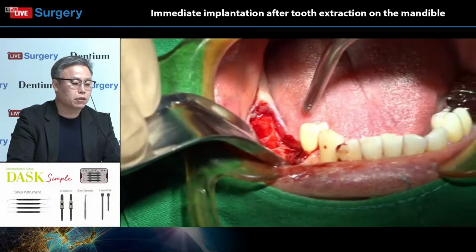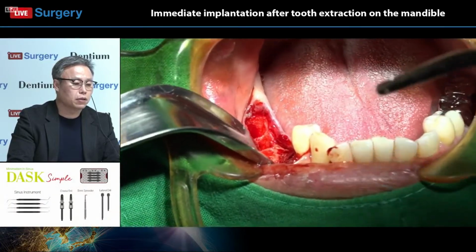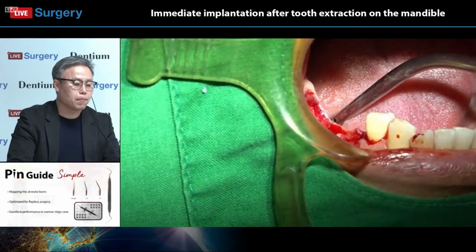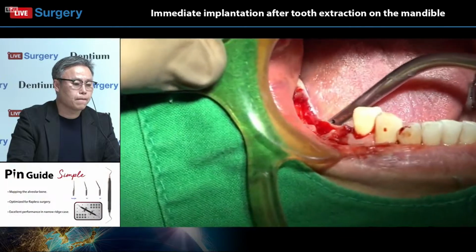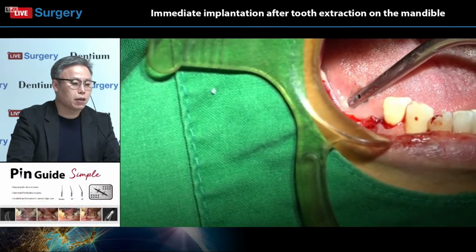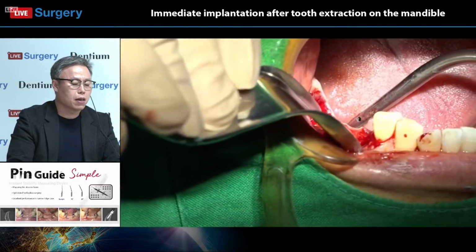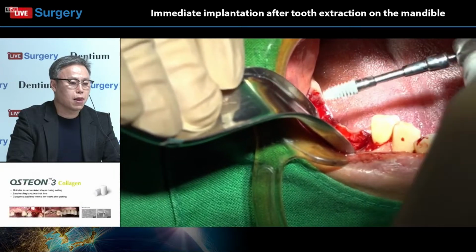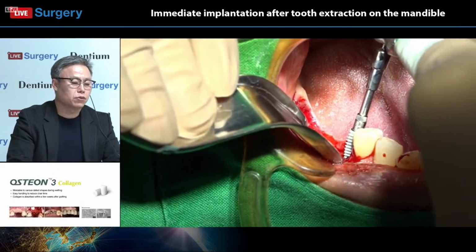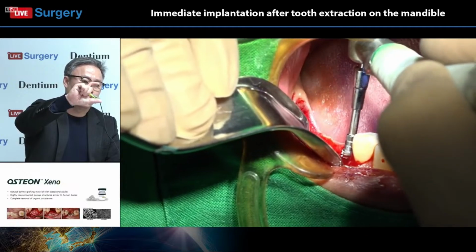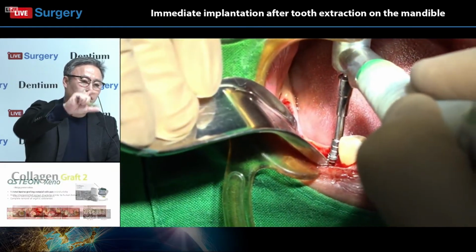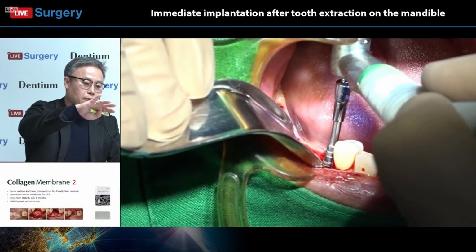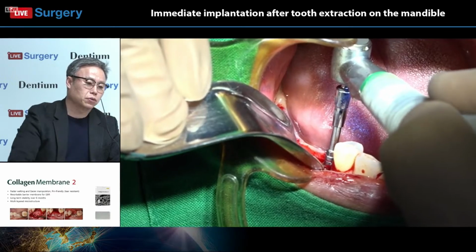And now he's placing the implant. You see, he is also using the long installer because he never wants to touch the mesially located adjacent tooth.